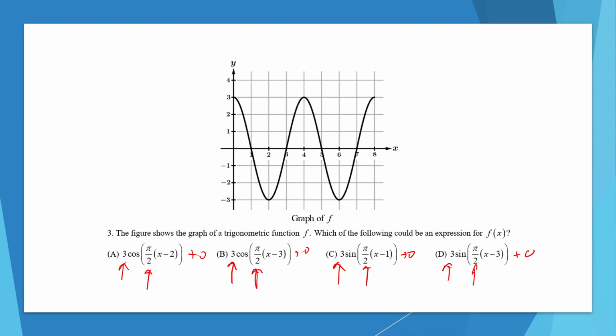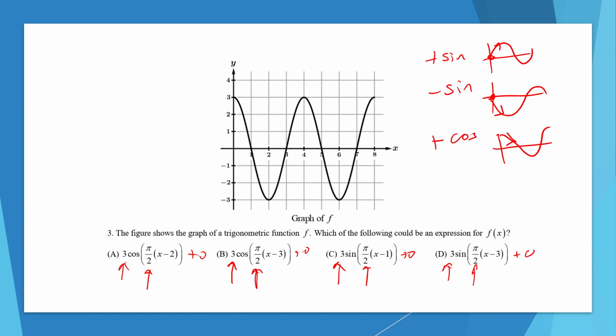So we just want to look at the starting points of each. Remember, for a positive sine, you're starting at the midline going up. For a negative sine function, you're starting at the midline going down. For a positive cosine, you are starting at the maximum and going down. For a negative cosine, you are starting at the minimum and going up.